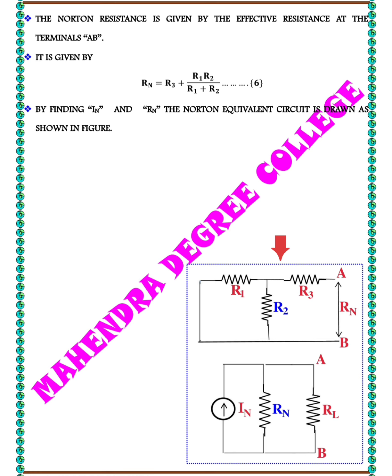The current through and voltage across the load resistor can be determined using circuit analysis techniques. This is the concept of Norton's theorem.